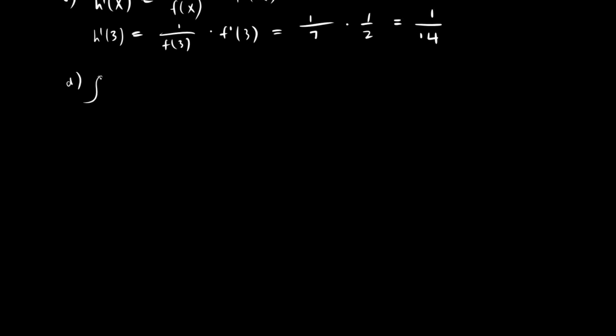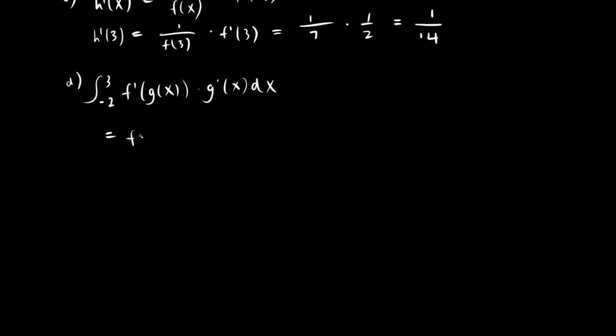So the definite integral from -2 to 3 of f prime of g of x times g prime of x dx is equal to the original function that we integrated.